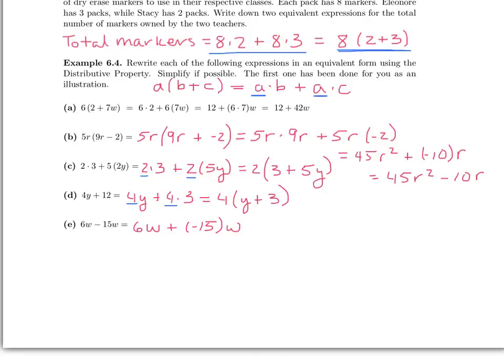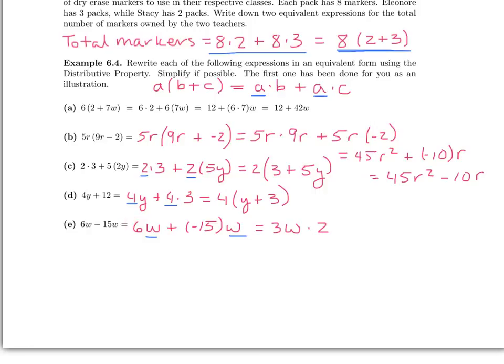You can see that both of them have a w, but there's also more that's common. 6 has a factor of 3 inside it. So does the negative 15. And in fact, we could rewrite this as 3w times 2. Let's think about that. 3w times 2, if we multiply that back together, that would give us 6w. So this is the same as this term here.